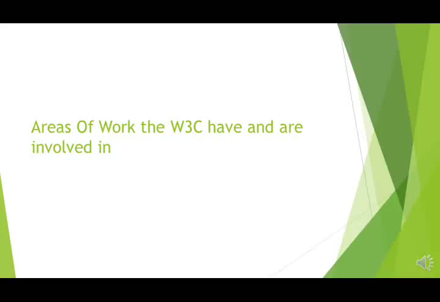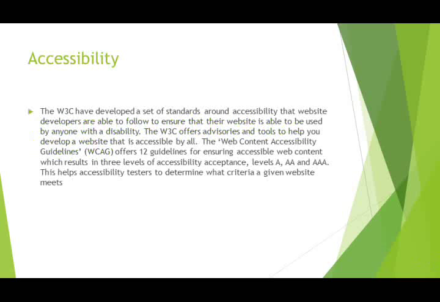So the areas of work in W3C that they are currently involved in. First is accessibility. They have developed a set of standards around accessibility that website developers are able to follow to ensure that their website is able to be used by anyone with a disability. Anyone who has created a web page or website knows that accessibility is one of the main tools they need to have on the web pages.